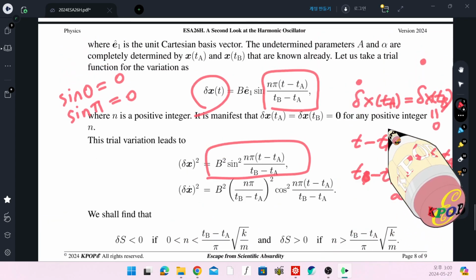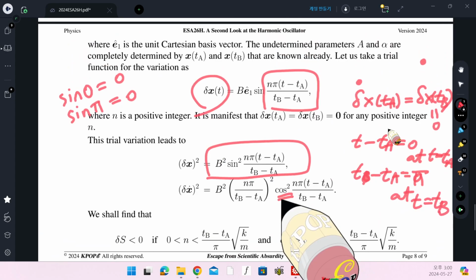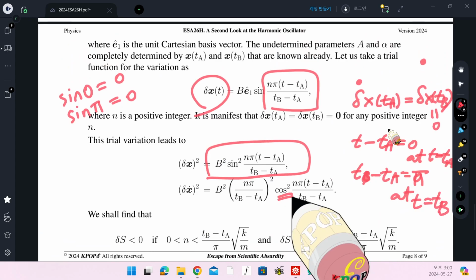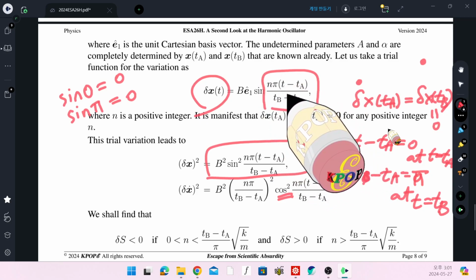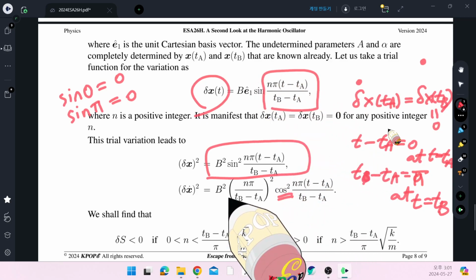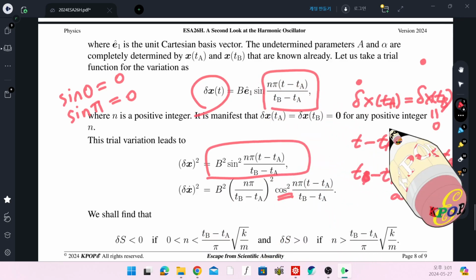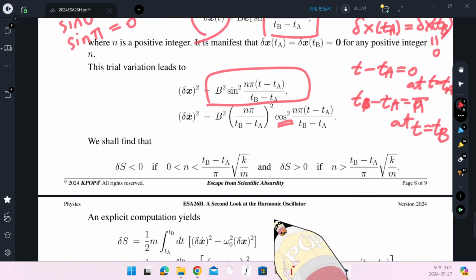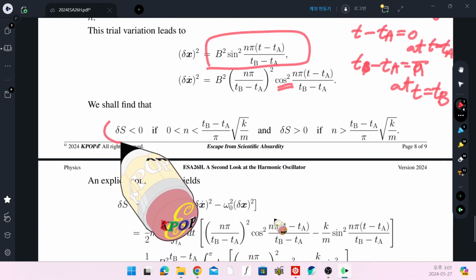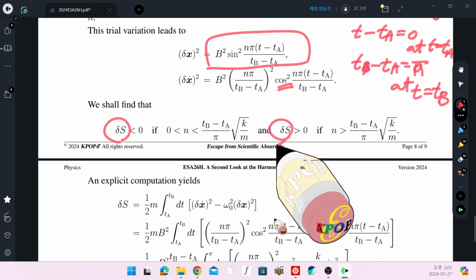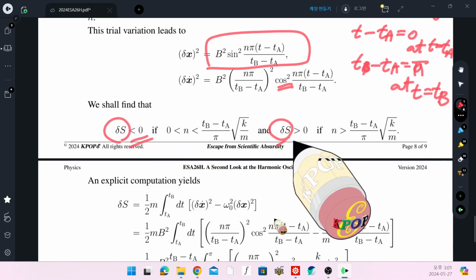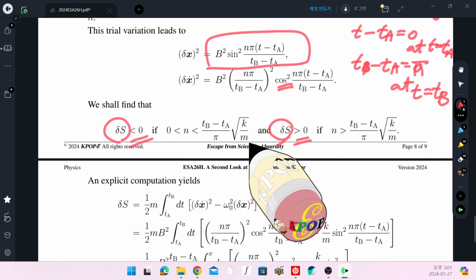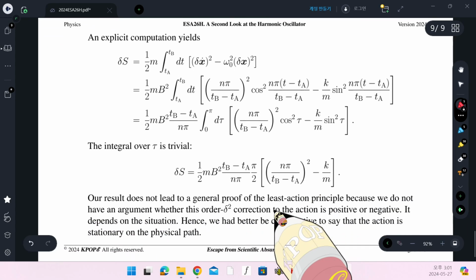That has cosine dependence, and the angular frequency squared is pulled out due to the time derivative. We shall find that the sign of delta s evaluated to order delta squared depends on the condition. Let's see.